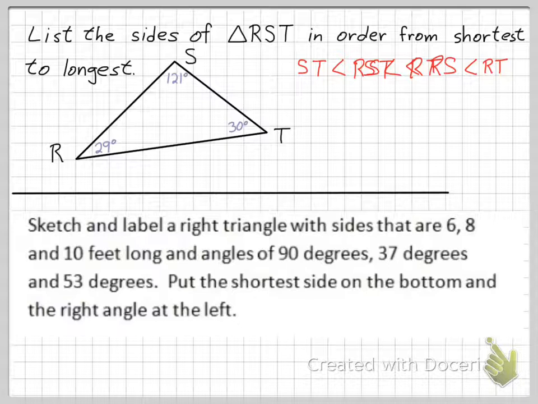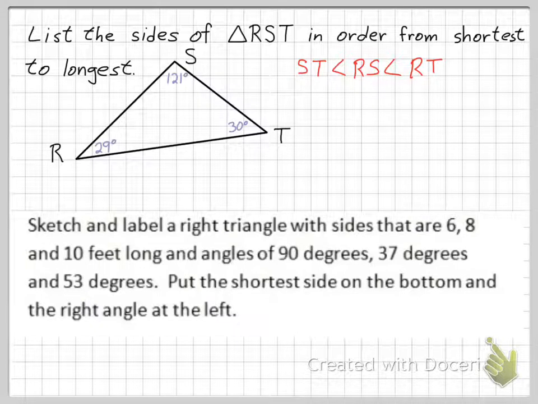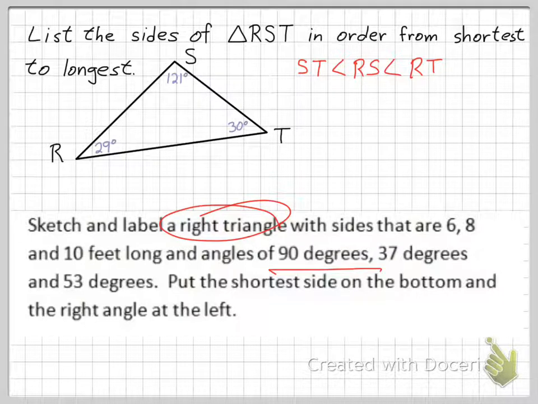You can pause this presentation now and give it a shot yourself, but for the sake of this presentation, I'm going to continue. And I just want to point out, it says sketch and label a right triangle with sides that are 6, 8, and 10, and then angles of 90 degrees, 37, and 53. Well, of course, if it's a right triangle, then one of those angles has to be 90 degrees. That is a little bit redundant, but just to clarify.